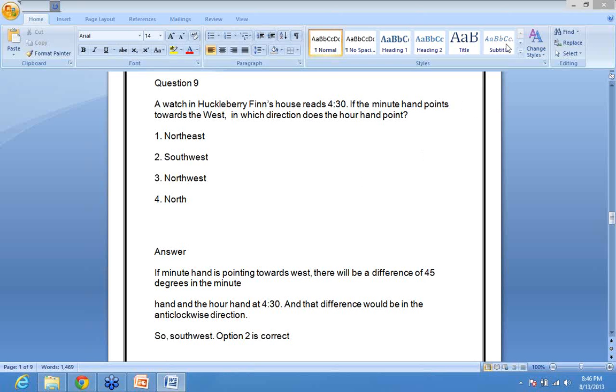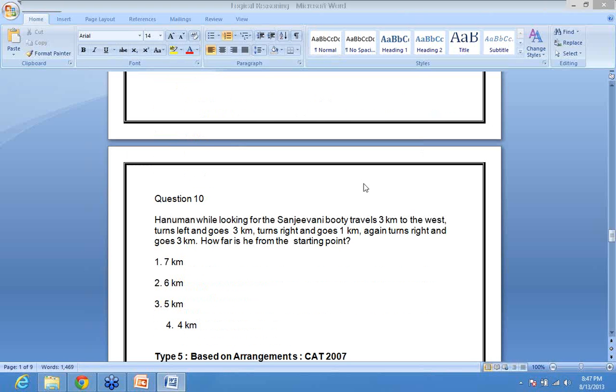Coming to the second question of this type. Question based on direction. Try to solve this. Logical reasoning is something which cannot be taught much in theory. It has to be learned through practice only.